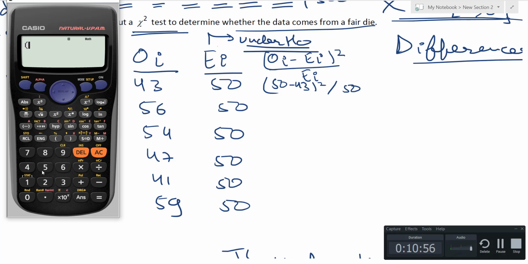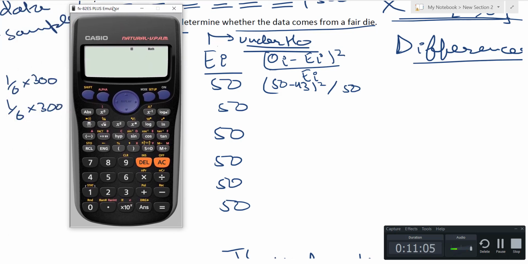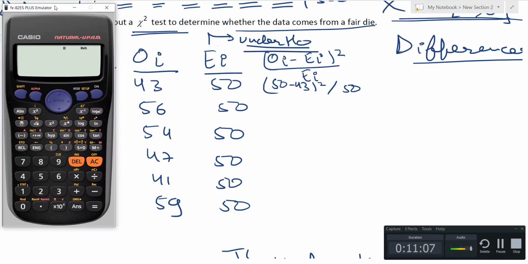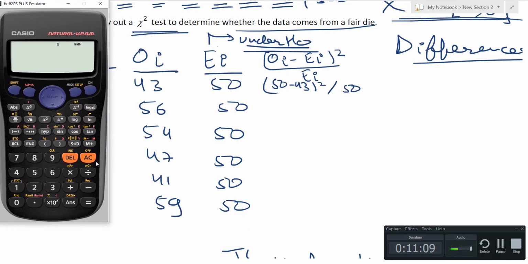I'll tell you an easy technique to do it. Let's save these values in particular memory locations of the calculator. See, I told you in the beginning that saving will come in handy. So 50 I'll save to, let's say, A. This is my EI. And 43 I'll shift store to B. This is my OI.